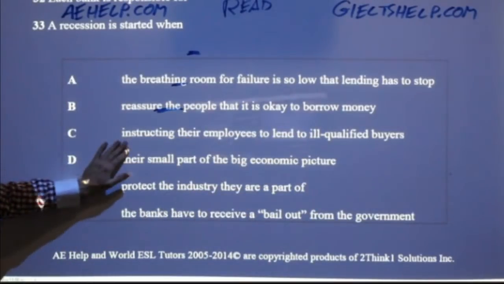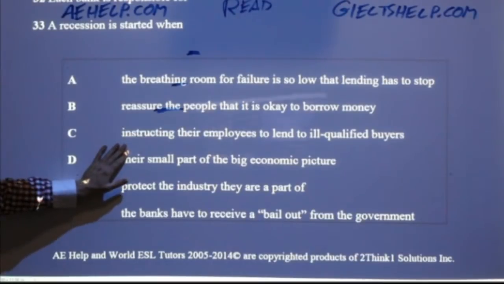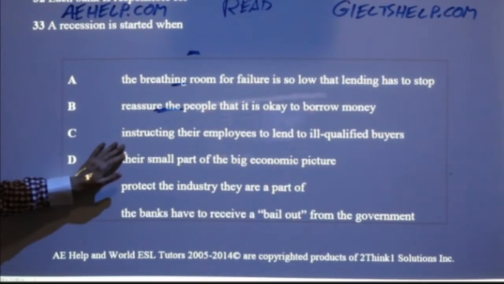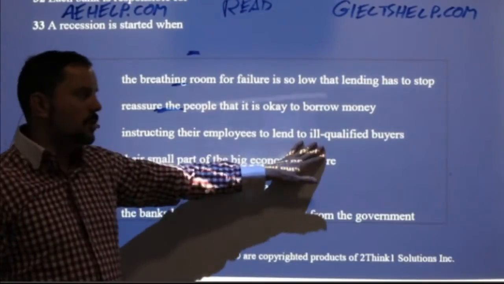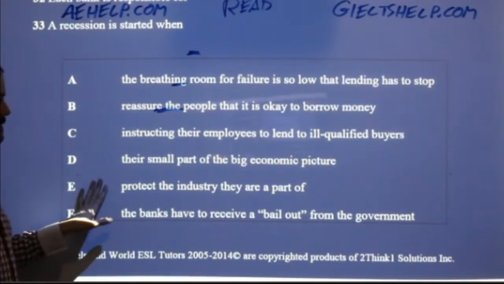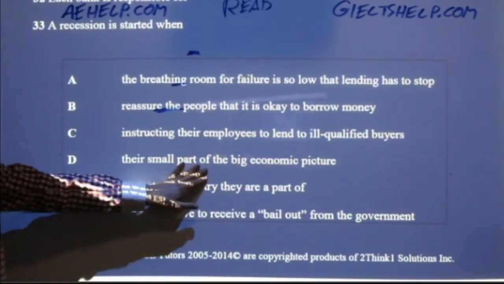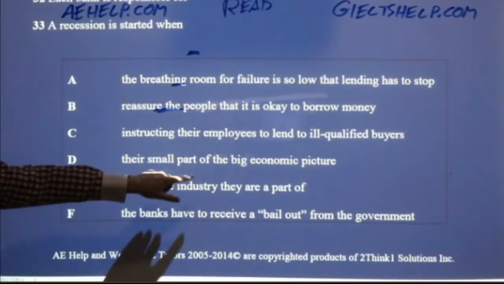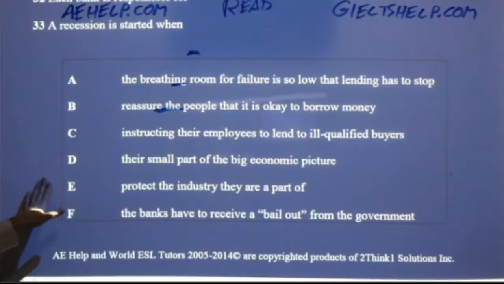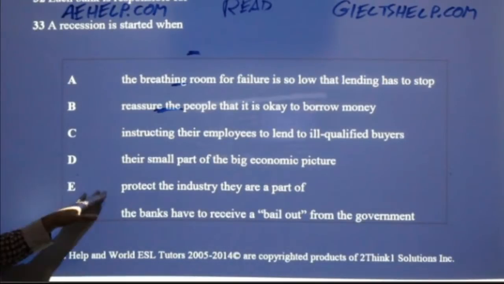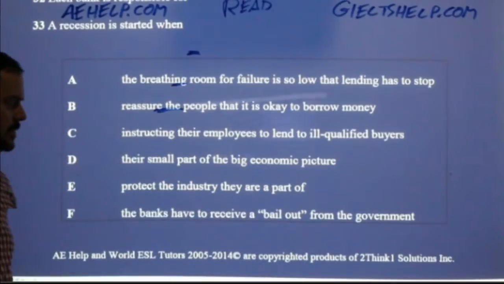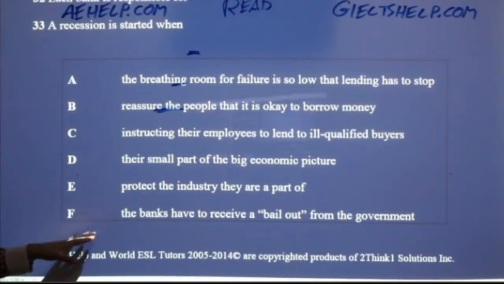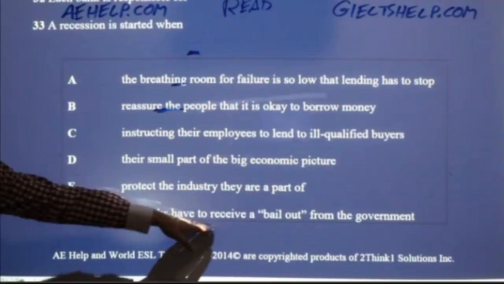Maybe. Doesn't seem to match information in the passage, but maybe. Banks have a responsibility to instructing their employees to lend. Nope, definitely not. Banks have a responsibility to their small part of the. Nope. Banks have a responsibility to protect the industry they are a part of. That looks really good.